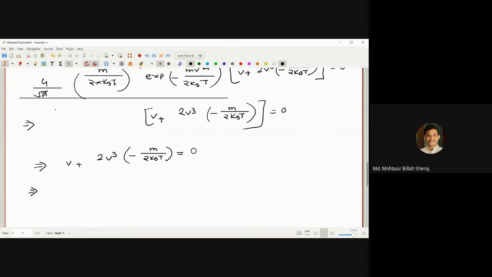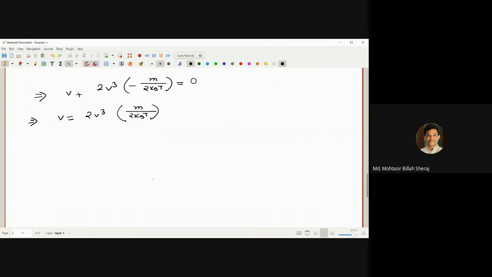So from here we can write v equals 2v cube m by 2 kbt, and we can cancel out v from both sides, then we will have 2v square m by 2 kbt, and we can write 2v square equals 2 kbt by m.